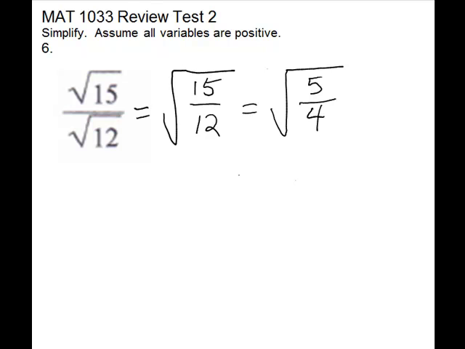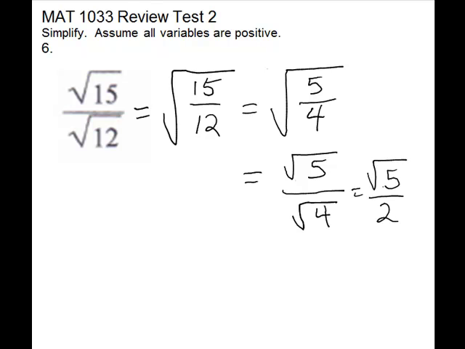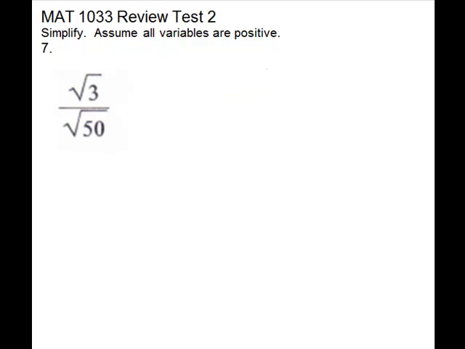Now I will break it back apart into 2 radicals, the radical with the numerator and the radical with the denominator. The 4 is a perfect square, so we can take the square root, and there's nothing we can do to simplify the numerator, but it is okay to have a radical in the numerator. So square root of 5 over 2 is simplified form.